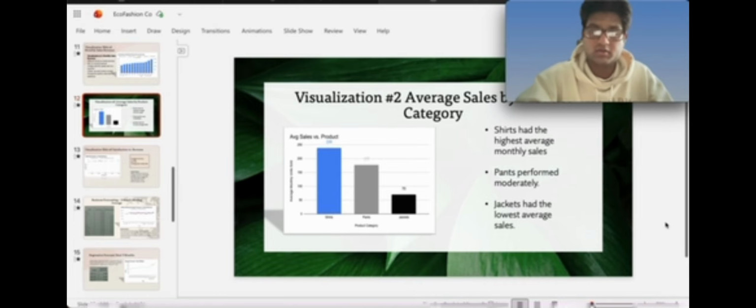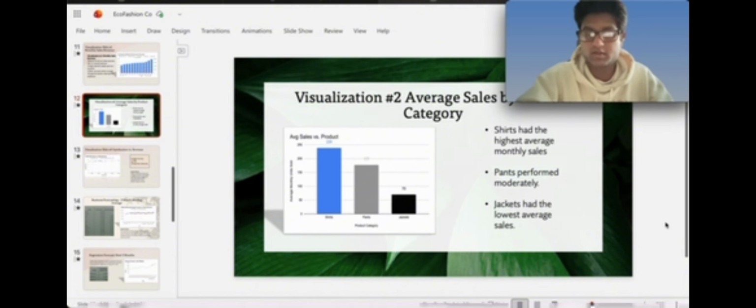What we immediately notice is that shirts and pants consistently perform at a higher level than jackets. Their sales remain strong regardless of season, which suggests that shirts and pants are a core product for Eco Fashion.